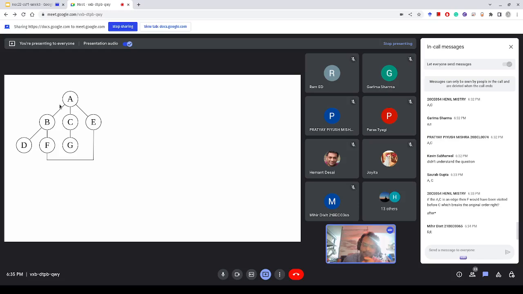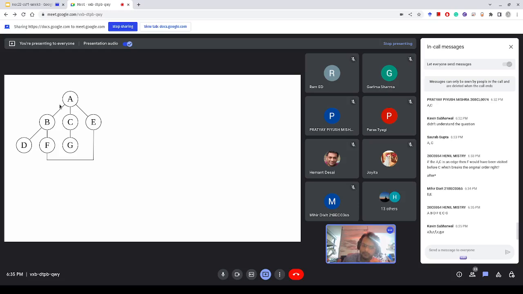What you have to give me is an order of these vertices, where the nodes we visit first are written first. This is a depth first search, visiting left nodes before right nodes.